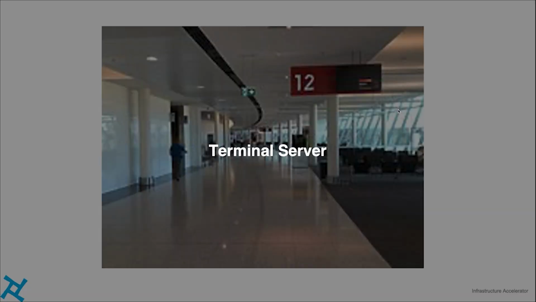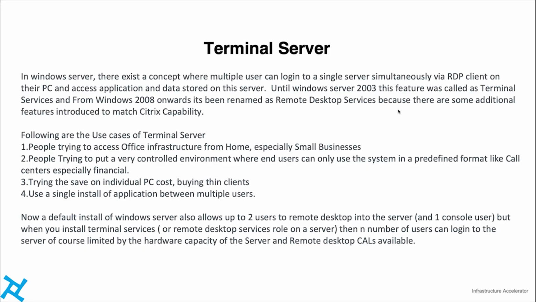Terminal server. This is the next one. In a Windows server environment, there exists a concept where multiple users can log into a single server simultaneously via an RDP client on their PC and access applications and data stored on this server. Until Windows 2003, actually until Windows Server 2008, that is before Windows 2008, this feature was called terminal services.